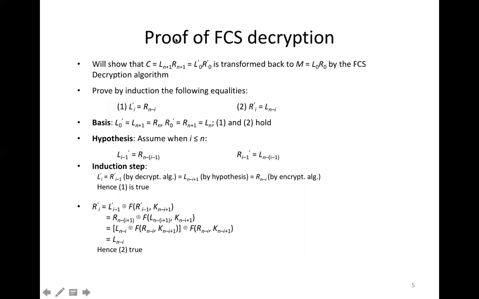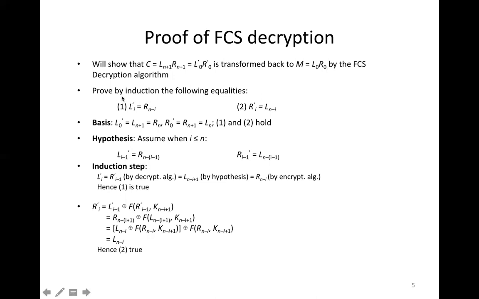This is what we need to show: that the output of the decryption algorithm is M. That means we want to show that L0 prime, R0 prime under this decryption algorithm produce L0, R0, or that L sub n plus 1 prime followed by R sub n plus 1 prime is equal to L0, R0.